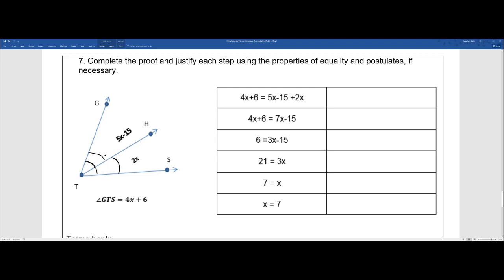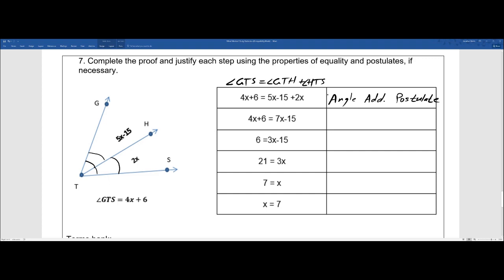Now we know that due to the angle addition postulate, that we may actually take angle GTS, apologies, set it equal to angle GTH, apologies, plus angle HTS, okay?